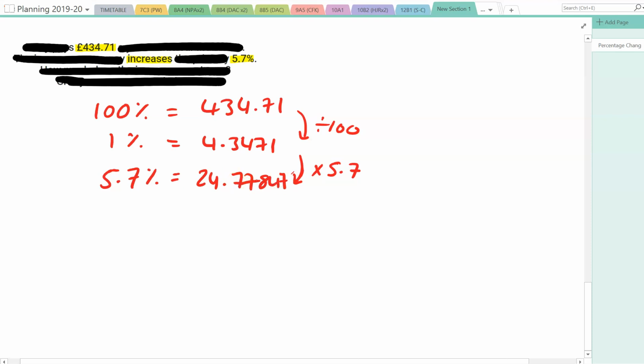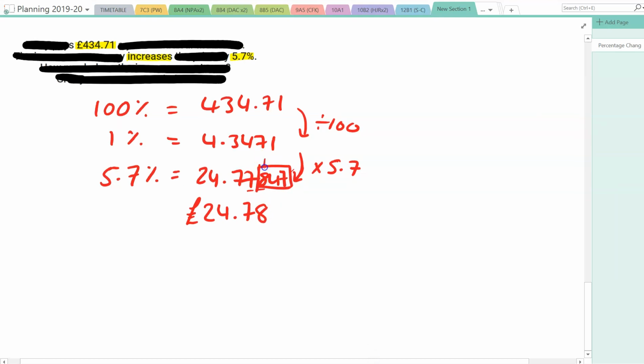Again, that is not pounds and pence. This is actually going to be £2477.85. Is it going to be 84 or 85? It's going to be 85 because we want to chop our number off there, but the 7 is big enough to change that 4 into a 5.